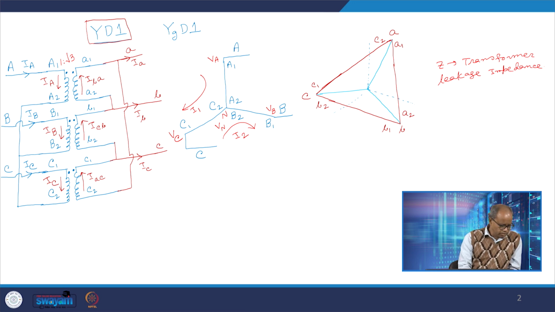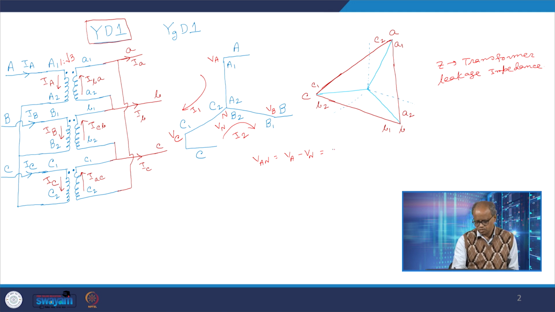Now in this arm I can write down that VAN is equal to VA minus VN, which is equal to the drop due to the current plus the reflected voltage of the secondary side at the primary side.